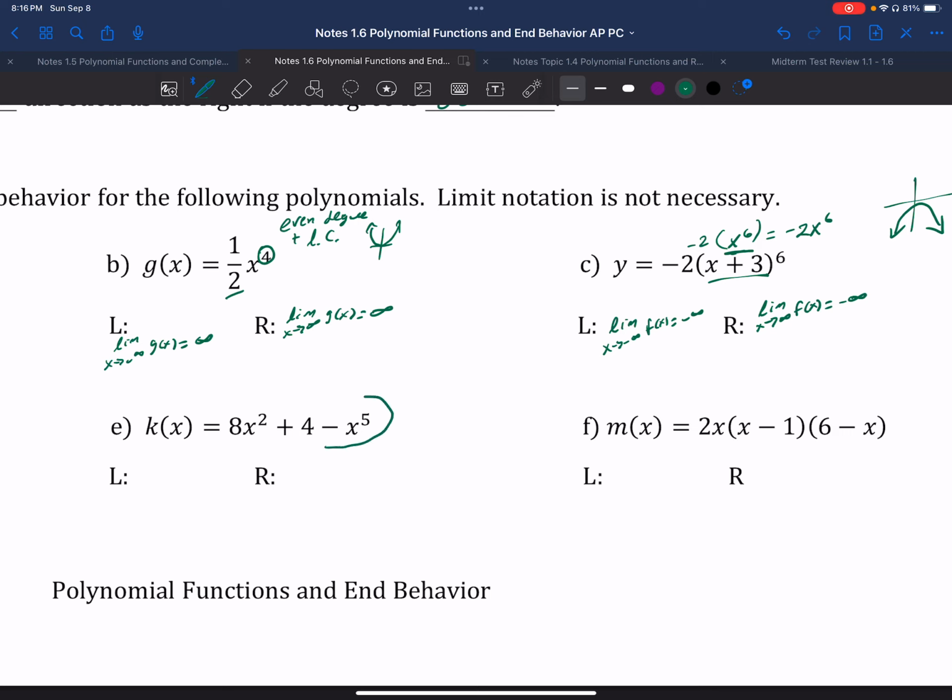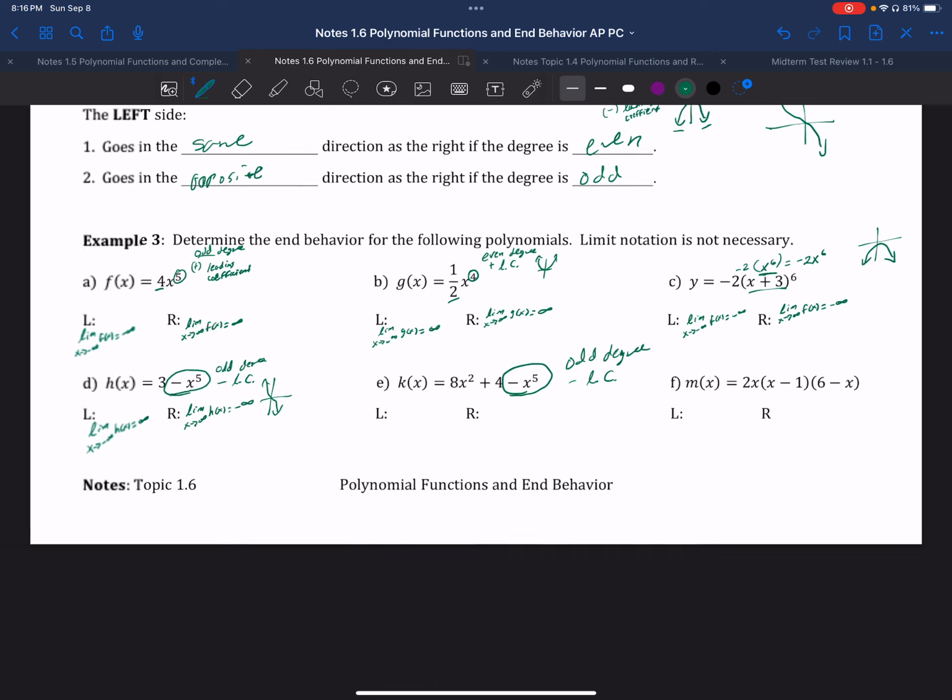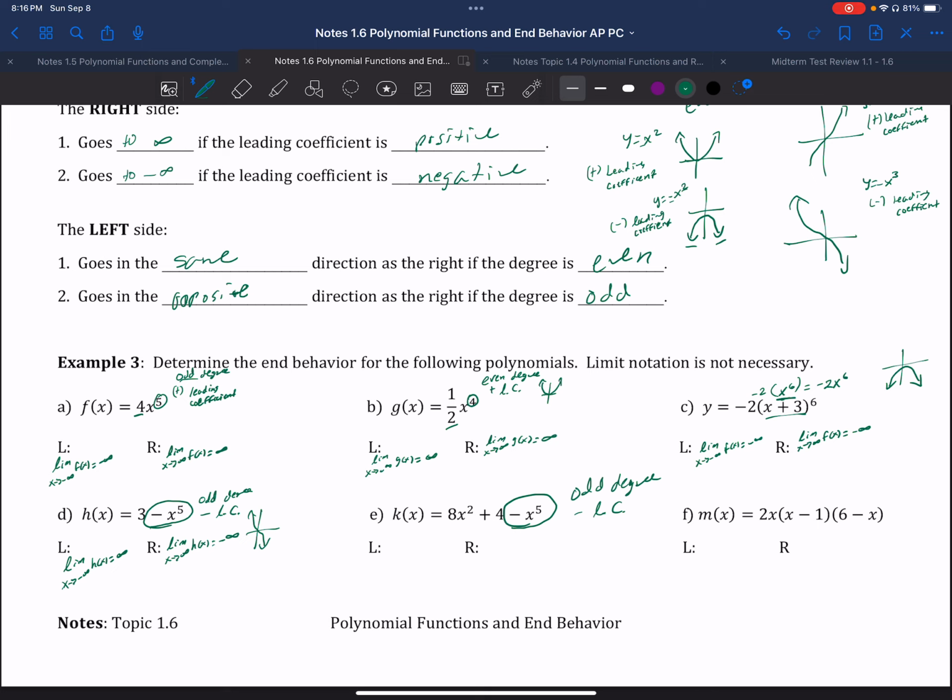Here we have a few more examples. So same thing for this one. So odd degree, then negative leading coefficient. So my graph will look exactly like the one on the left, since I do have the same properties for the polynomial. So this limit will be repeated on the answer for E as well. And then for the last one, I am going to have a 2x in the front.